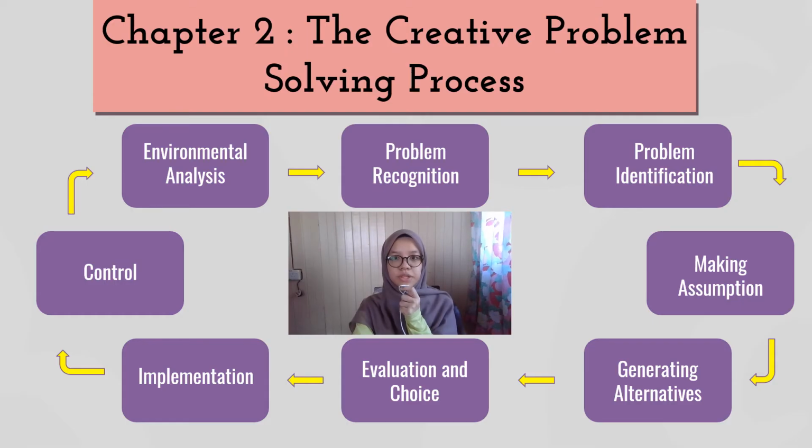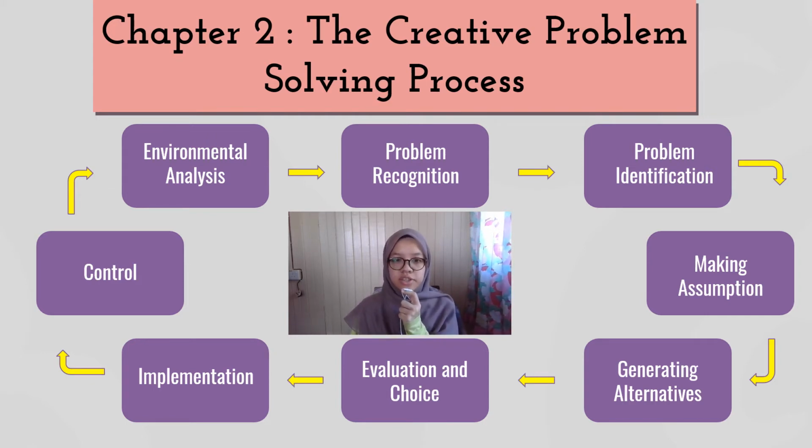Next is chapter 2. In this chapter, the author James M. Higgins explained how the creative problem solving process takes place. The first stage of the creative problem solving process is environmental analysis. At this stage, both internal and external organizational environments will be constantly and carefully monitored for signs of problems or opportunities.